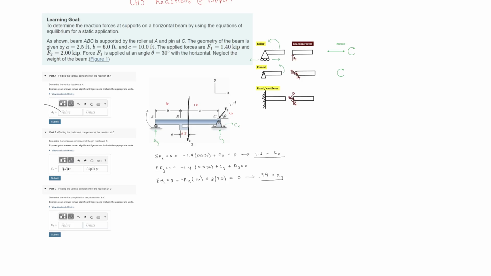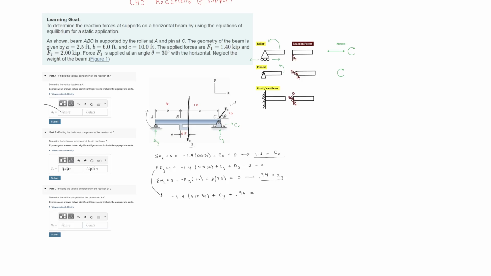Now, we bring this equation down, and we have negative 1.4 times the sine of 30 plus Cy plus Ay, which we already know is 0.94, equals... Sorry, here I'm missing minus 2 because of this force right here.